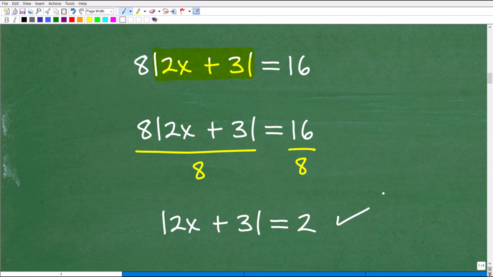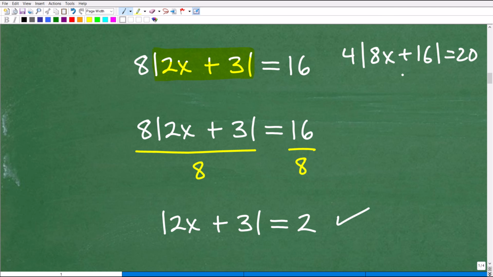So this is the first phase of the problem, and these equations can get much more exciting and much more detailed. But there's another thing I want to stress here that really confuses a lot of students. So let's suppose we had, let's say, 4 times the absolute value of 8x plus 16 is equal to 20.